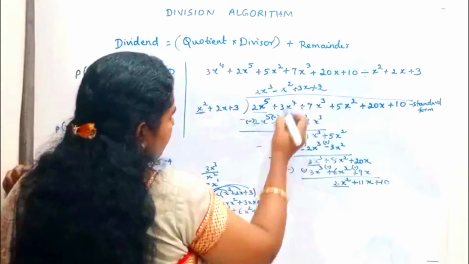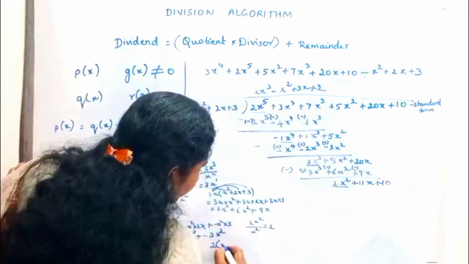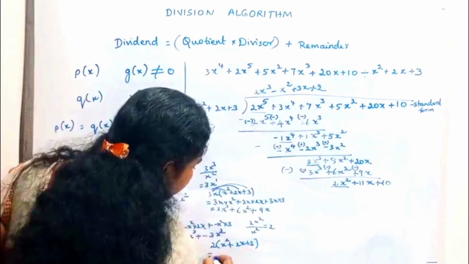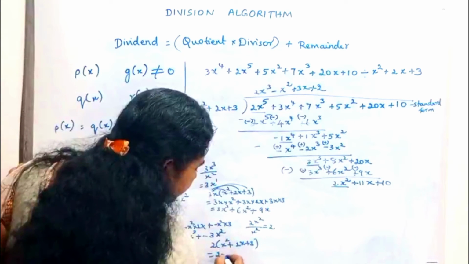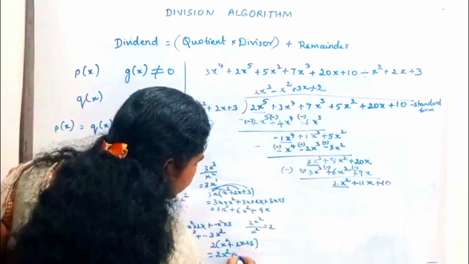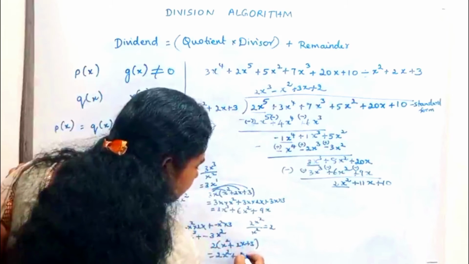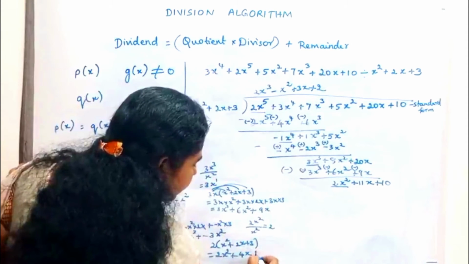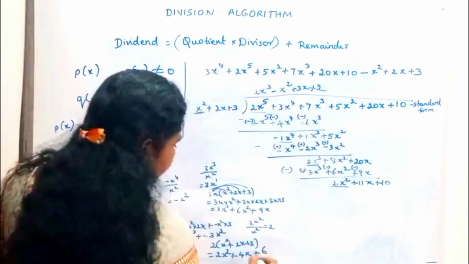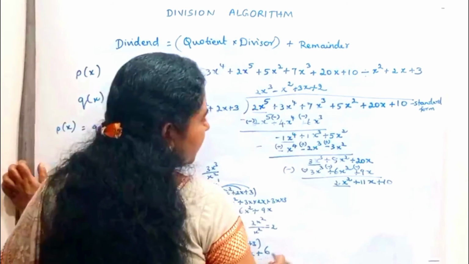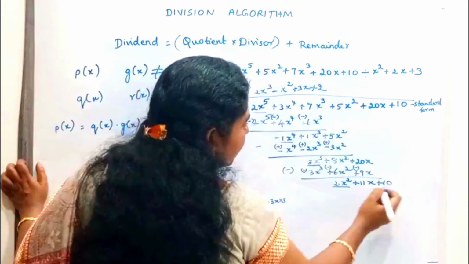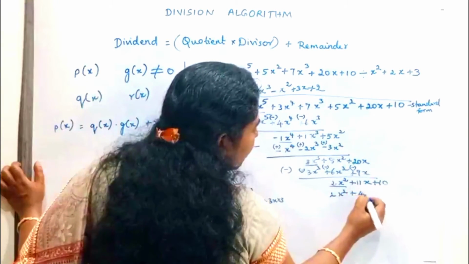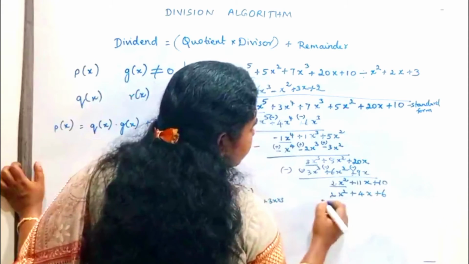So when we are multiplying, it becomes 2 into x square plus 2x plus 3. So 2 into x square is 2x square, plus 2 into 2x, so 2 into 2 is 4x. And the next, plus 2 into 3, it is 6. So 2x square plus 4x plus 6. So now we have to write that down here.